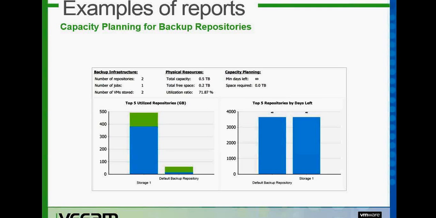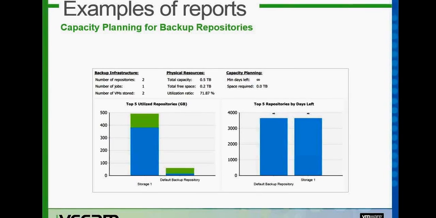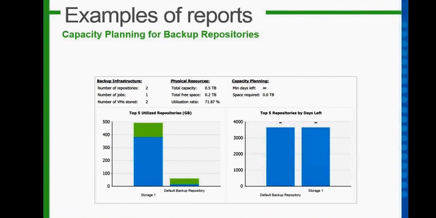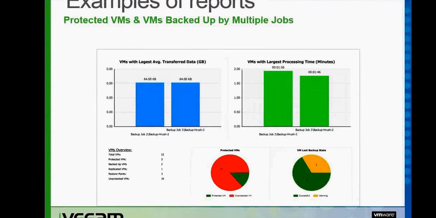One is a default backup repository which gets installed once you install Veeam Backup & Replication, and there's an additional repository which we have created as storage one. The top utilized repository is the storage one repository, and then there are the top 5 repositories by days left. It tells you, looking at the current trend, which would be the top 5 repositories by days left.